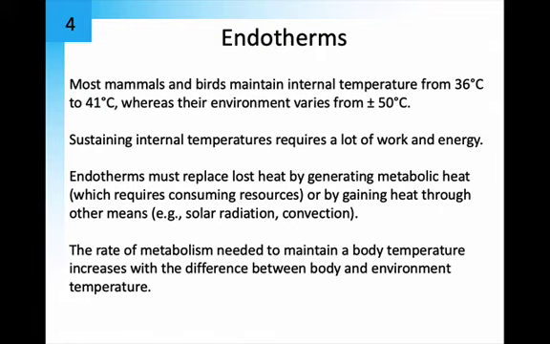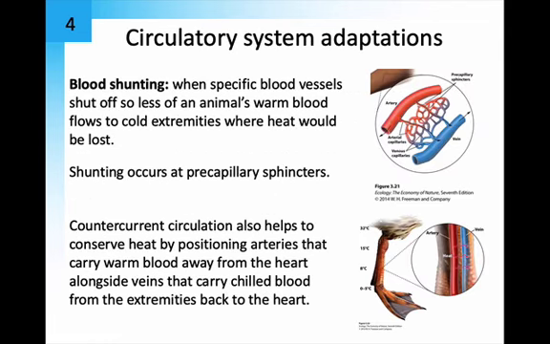And we must burn metabolic heat in order to do that, meaning that the energy budget of endotherms is enormously more wasteful than that of ectotherms. And the greater the difference between the outside environment and the inside preferred temperature, the greater the energy cost.